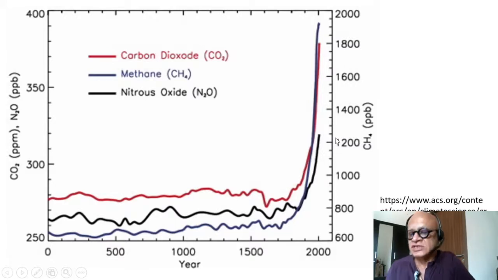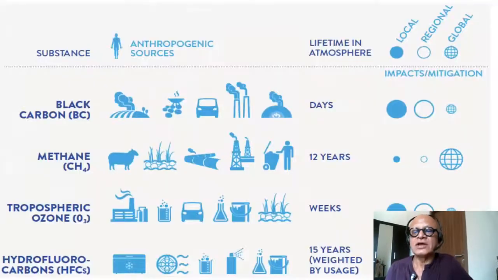So these are the things we are dealing with. There are some nice schematics, or what do you call these, infographics, sorry, from the CCAC, the Climate and Clean Air Coalition.